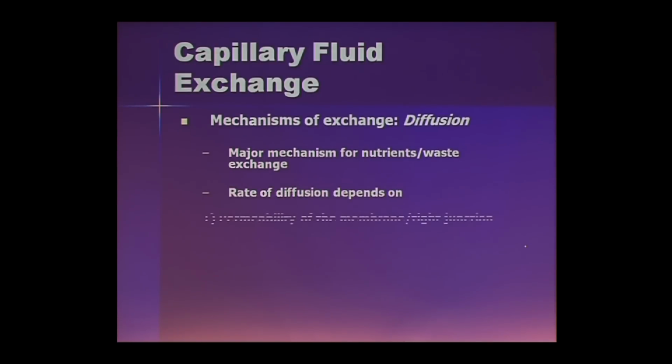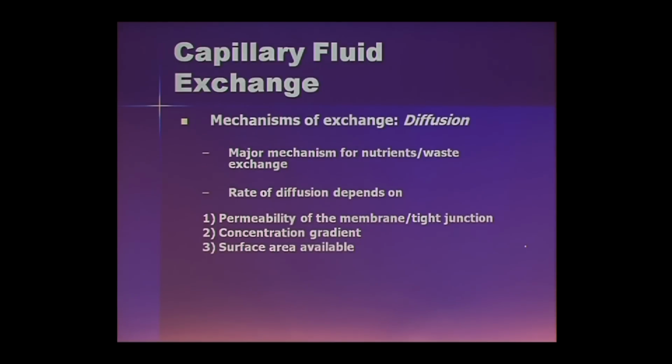The rate of diffusion depends on the permeability of the membrane for the particular molecule that is diffusing, and on the concentration gradient, meaning if it's higher on one side than the other, it's going to move down its concentration gradient. The larger the concentration gradient, the larger the diffusion rate. And it depends on surface area available. As we already said, capillaries have a very large surface area.